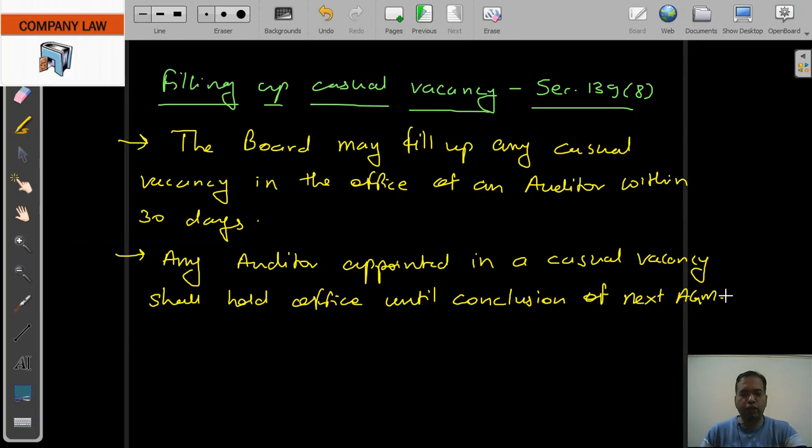Okay, so a casual vacancy has to be filled within 30 days, which can be done by the board of directors, but he can only hold the office till the next AGM. So this is the provision relating to casual vacancy.